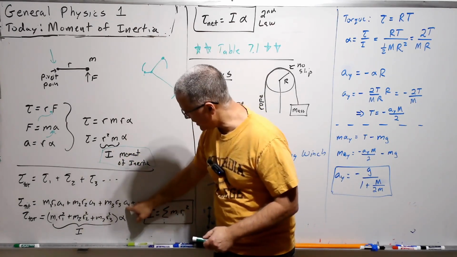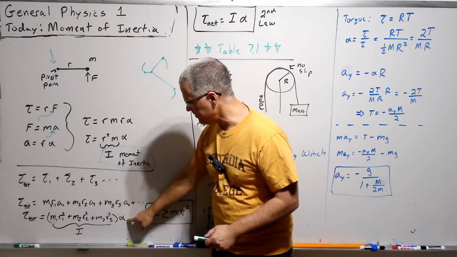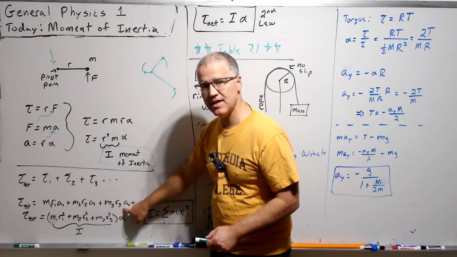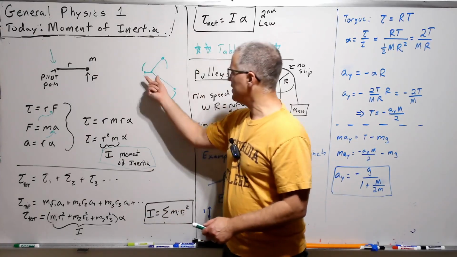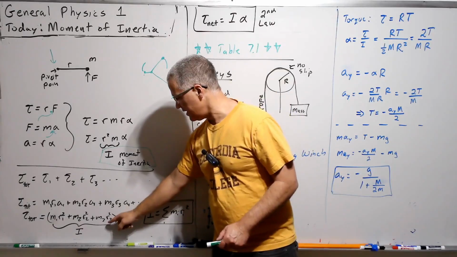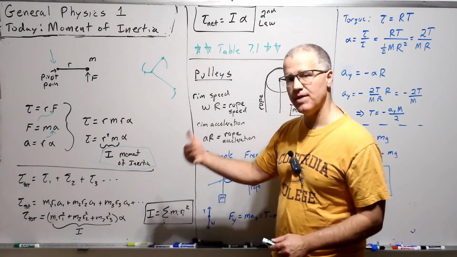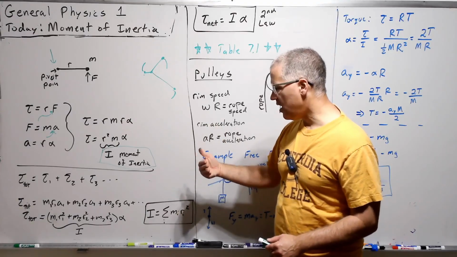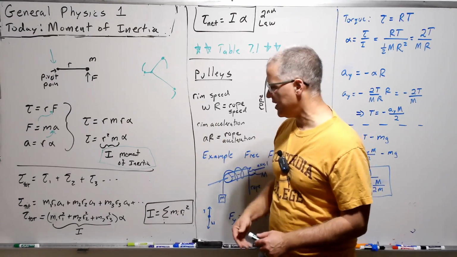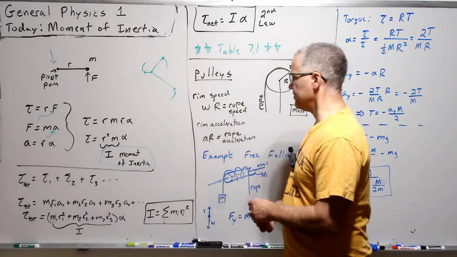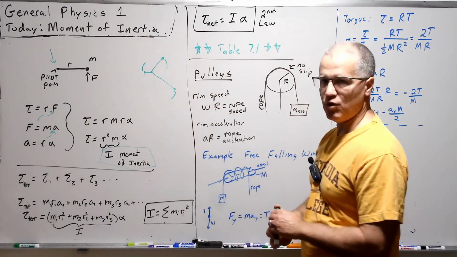So what we can do now is pull out the angle and just leave behind mass times radius and then the individual radius of each of these pieces. So we get a sum of all the individual masses times r squares, and that total sum for this apparatus is the moment of inertia.